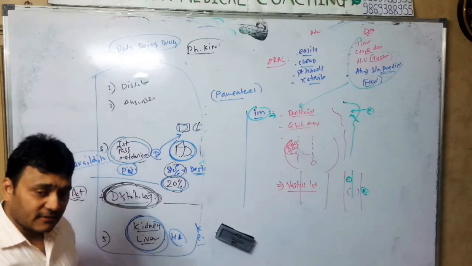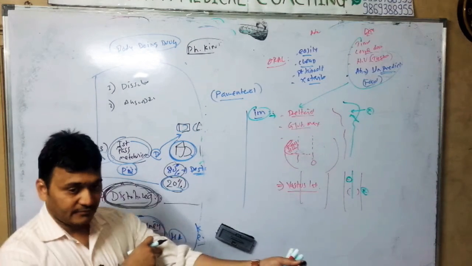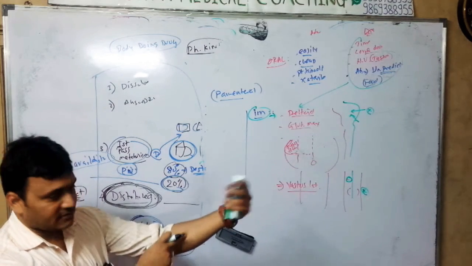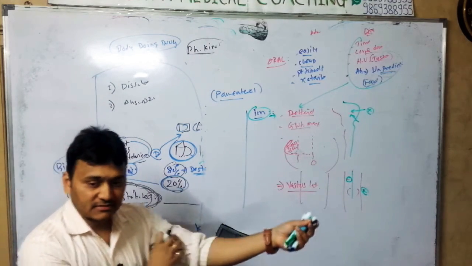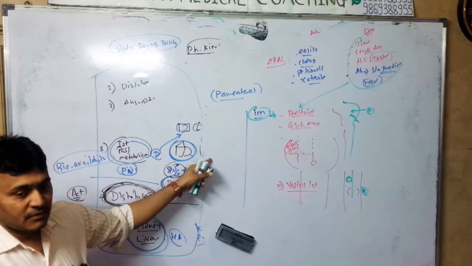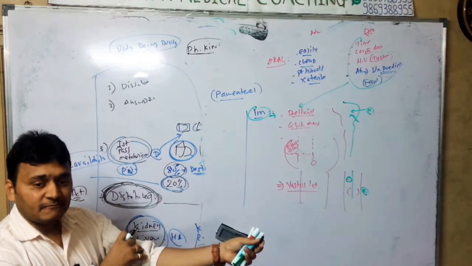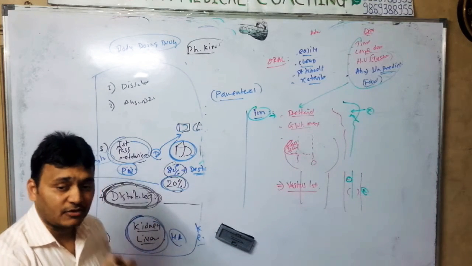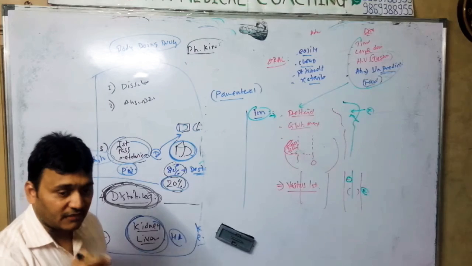Can we choose any other muscle? Bicep, tricep, there are so many muscles, flexor muscle. Why are we not choosing those muscles? Because anatomically, first of all, they are more prone to injuring vital structures in the muscle itself, because there's a major artery in it, there's a nerve in it.